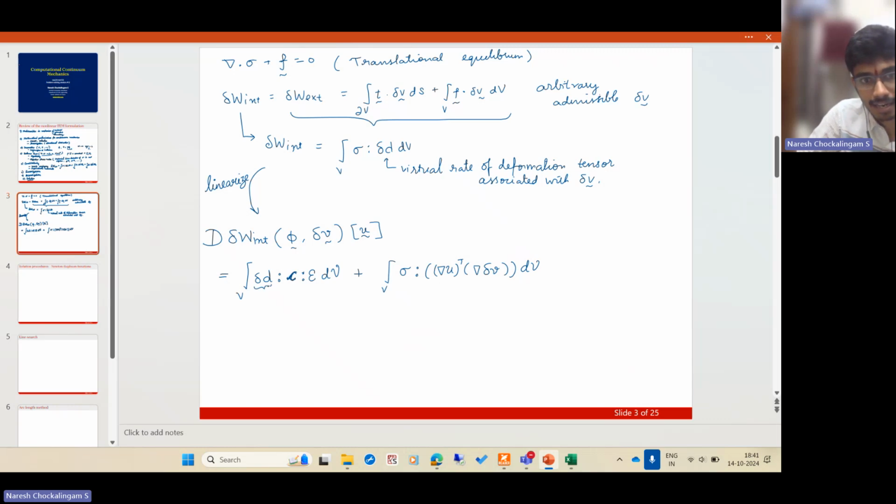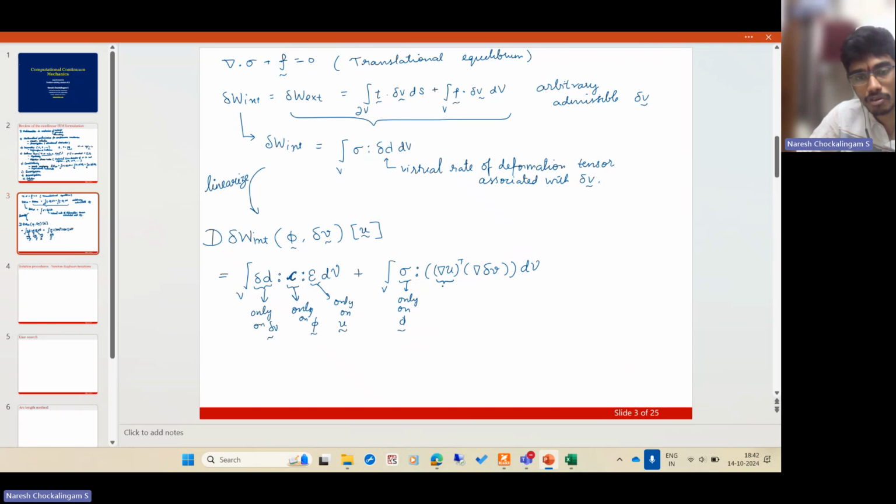Note this del D depends only on delta V. The spatial elasticity tensor depends only on the current configuration. And this infinitesimal strain tensor depends only on the displacement U. Here, the stress depends only on the current configuration phi.